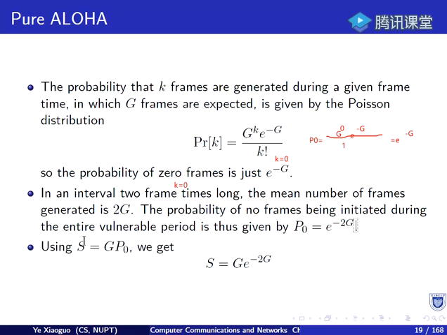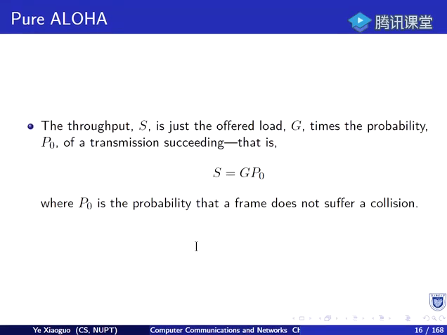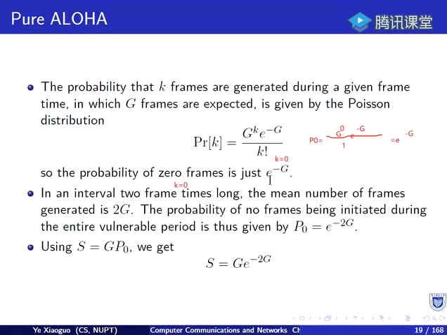So using S equals G times P0, so S equals G times P0, right? So here we get P0 is E minus 2G.